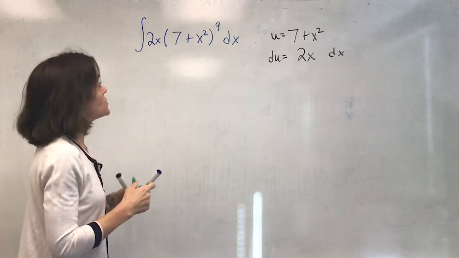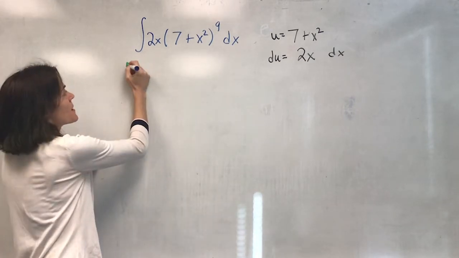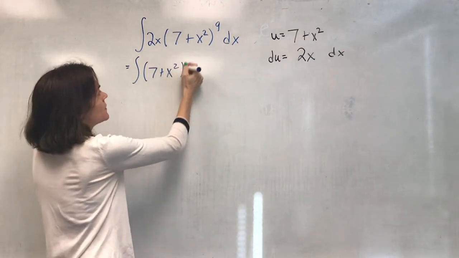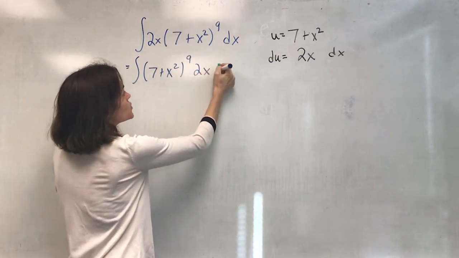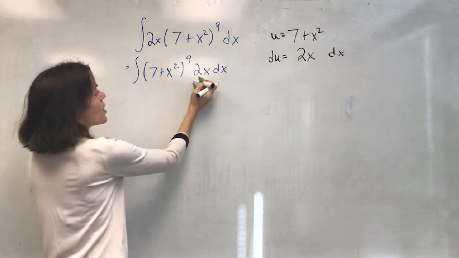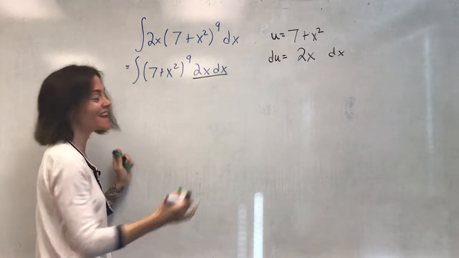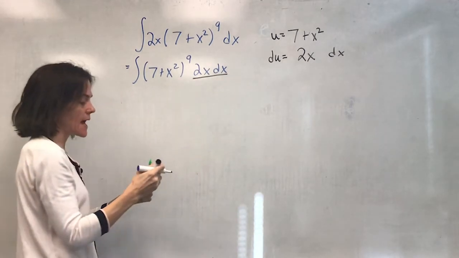Now, if you do not see this here, maybe for this first one I will actually rewrite. You can rewrite to where you group everything not involving u. Here this is u to the 9, right? Everything else we group with the dx.